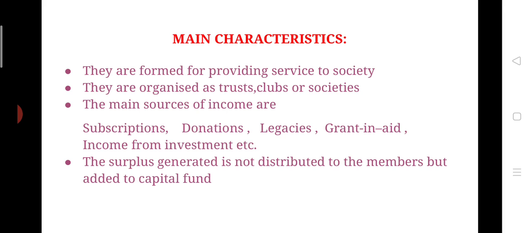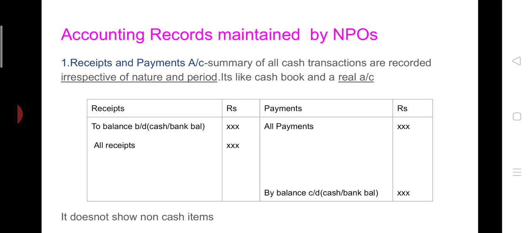So in that case, the balance will be negative and there will be a shortage, and we call this shortage deficit. So for a profit making organization it is net profit or net loss, but for an NPO it is surplus or deficit, right? So this is another feature of an NPO.